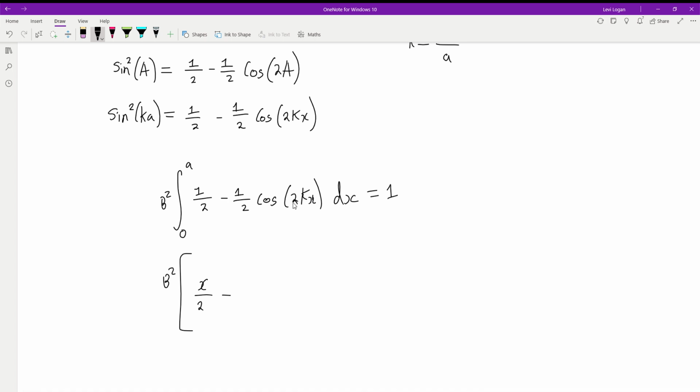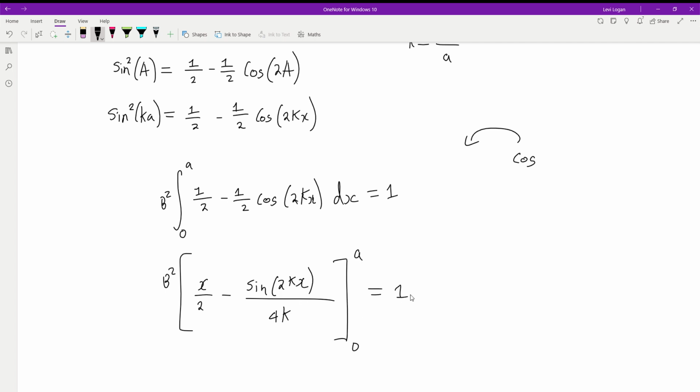So then we have to divide by the differential. The differential of this bit here is going to be 2k. If you integrate cos, it goes to sine, so it's going to be minus sine of 2kx, divided by the differential, so we have 4k on the bottom, and then we have the bounds 0 and a.